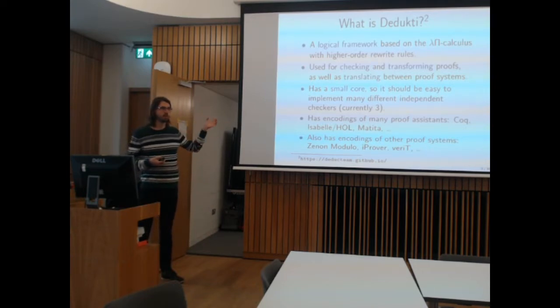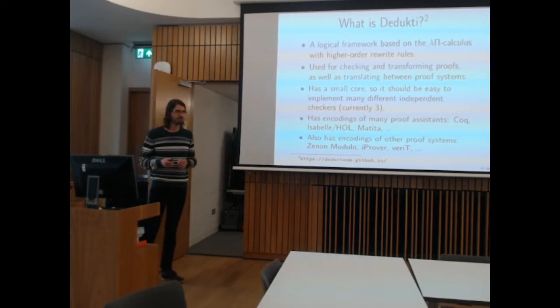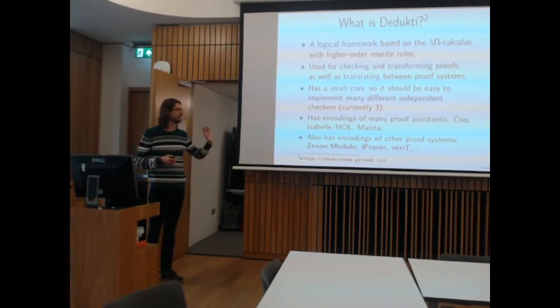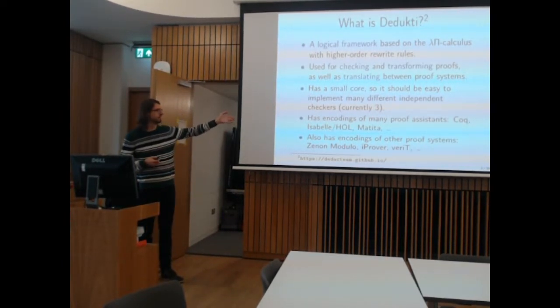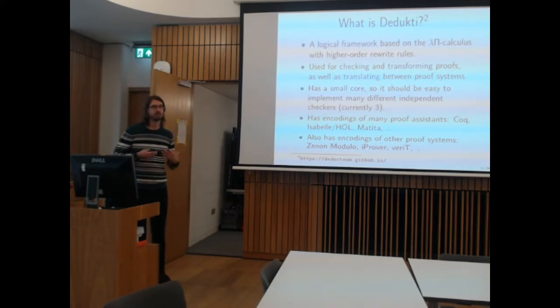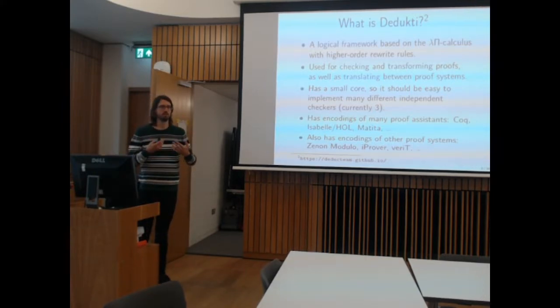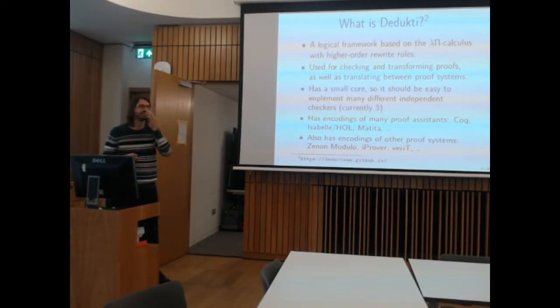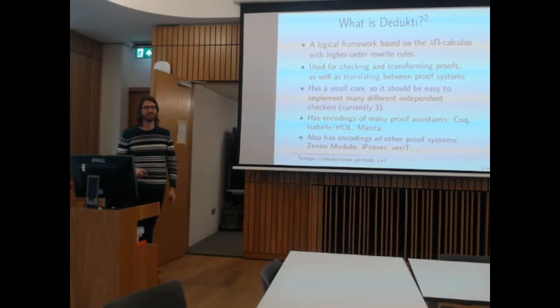It has a quite small core, Dedukti, right? So it's not super user-friendly, I'll show you later. But the advantage is that it's easy to make an independent implementation. That's also important, I think, because it allows you to even implement your own checker if you don't trust the checker that you got from GitHub.